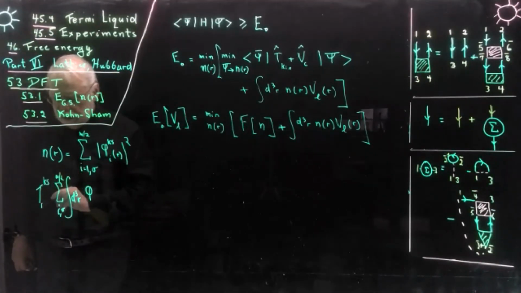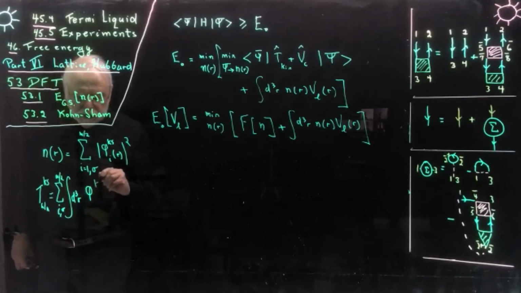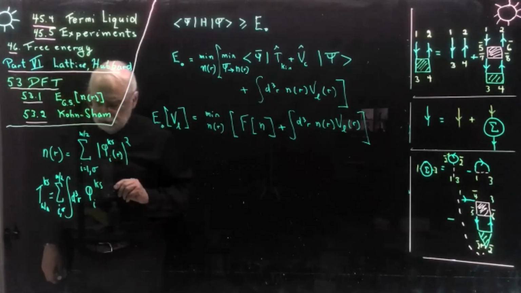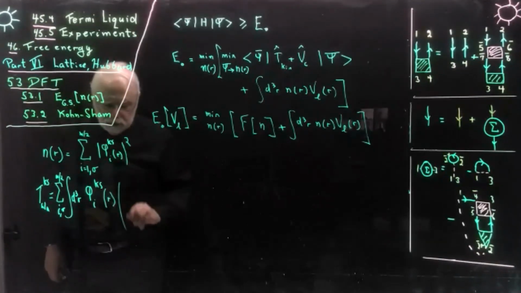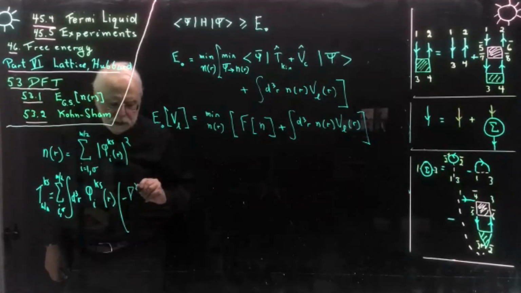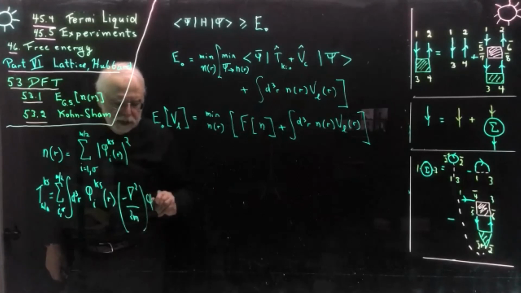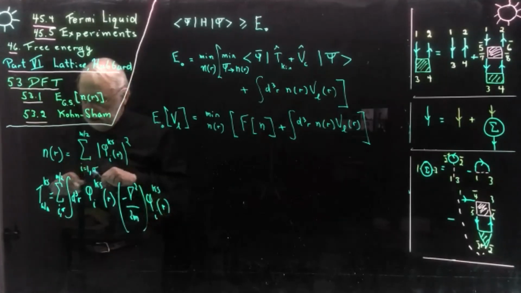So here we will work with real orbitals anyway, because for now time reversal symmetry is not broken, so I can always use real orbitals. So phi_i of r times minus nabla square over 2m times phi Kohn-Sham of r and i. Okay, so that's, I can do that.